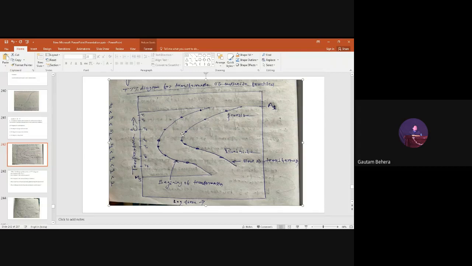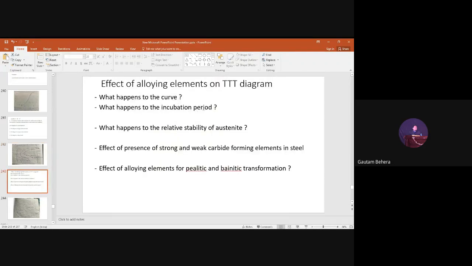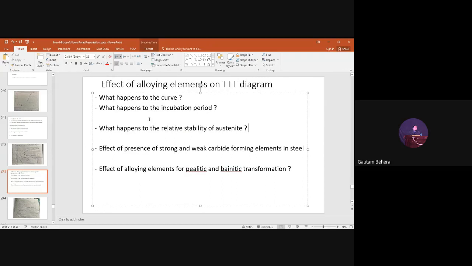Slow means the incubation period is increasing. It is written over here. So the incubation period increases, or in other words, the rate of transformation of austenite decreases. Then the relative stability of the austenite increases, right?